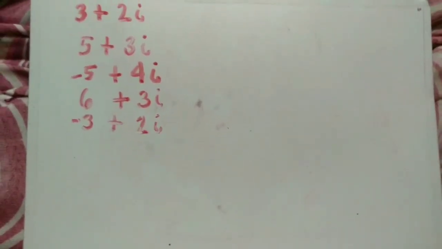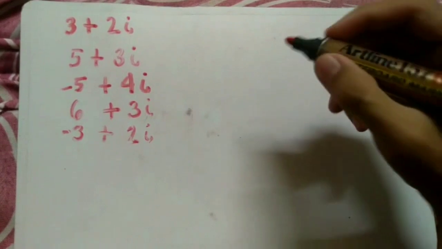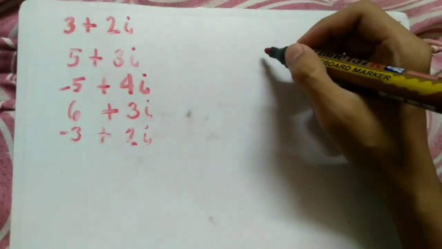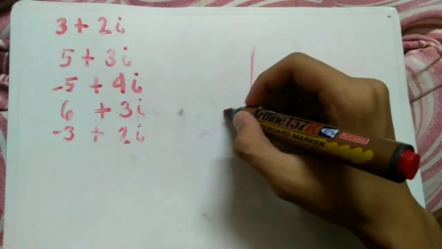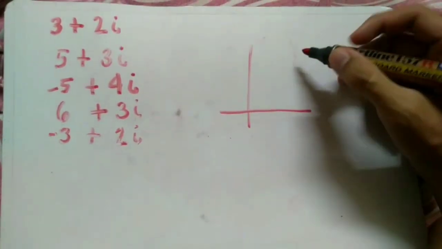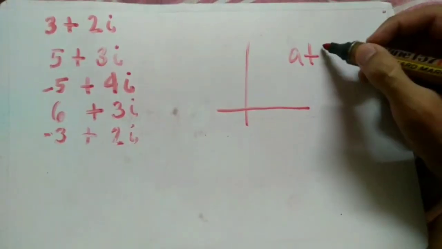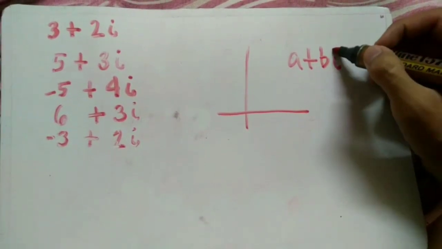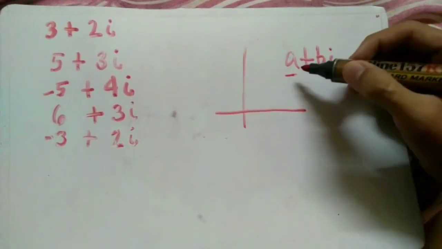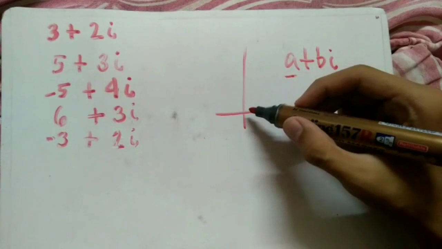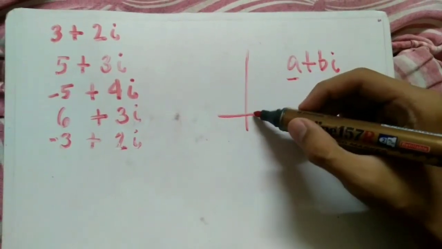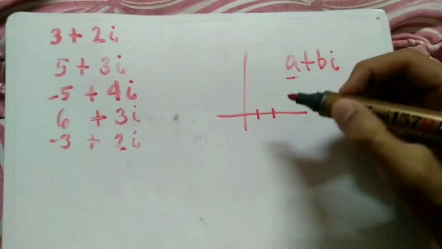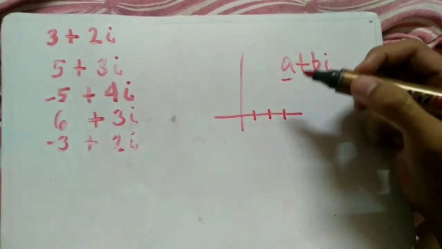So here's another example of a complex number. Let's try to solve this. So a plus bi. Our a would be 3. So let's try 0, 1, 2, then 3.